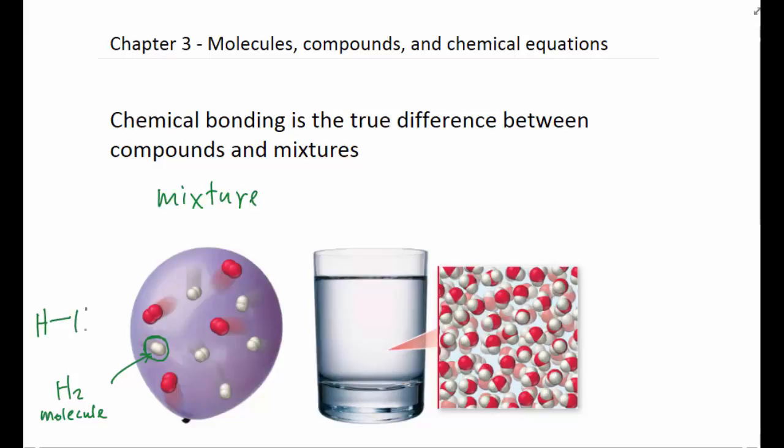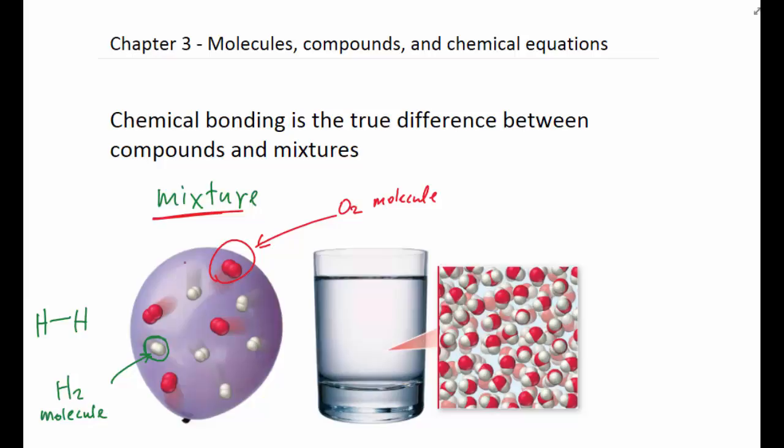We would usually draw it like that. Two H atoms that are bonded together, okay, to make that molecule. This is an O2 molecule. Okay, two oxygens bonded together. But this whole thing overall is a mixture because the hydrogens and the oxygens are not bonded.